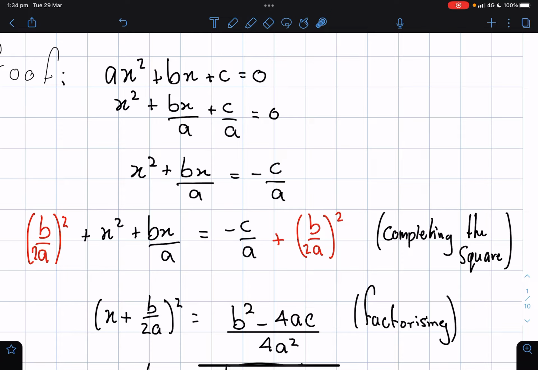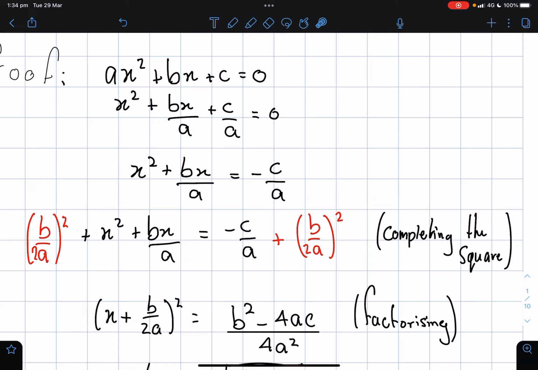On the right-hand side, we've done a few different algebraic tricks, okay? We've got this square here being distributed to the numerator and the denominator to get b squared over 4a squared. Now, when we're adding or subtracting fractions, we want a common denominator. So I'm going to multiply this term, top and bottom, by 4a.